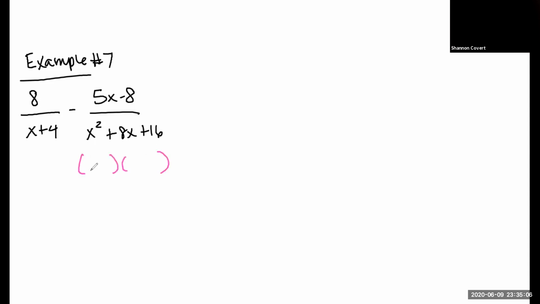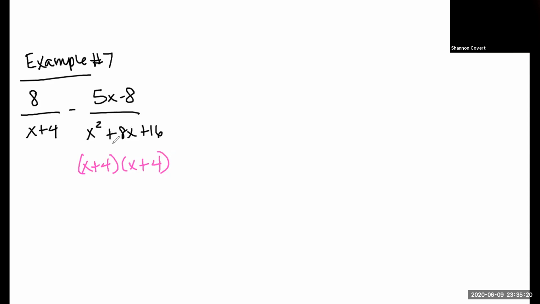This one is 8 over x plus 4 minus 5x minus 8 over x squared plus 8x plus 16. So factoring that second denominator, I'm looking for 2 factors of 16 that when I add them together give me 8. So I have x plus 4, x plus 4.